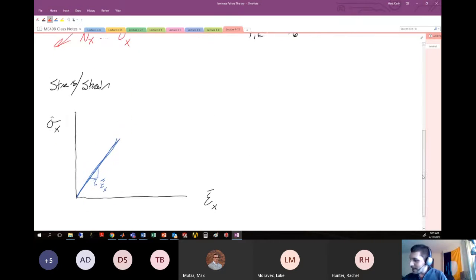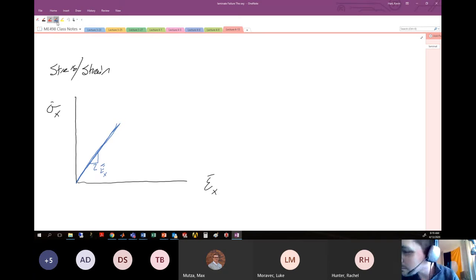Our theoretical failure would say that both of those layers fail at the same time, because there's no preferential reason why one of the 90 layers would fail before the other.